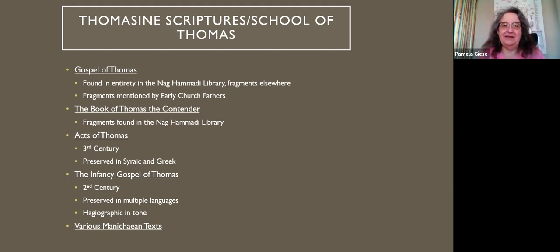The final one I added on here, and this is kind of what we know of what could have been the Gospel of Thomas, is through the Manichaean writings. And the Manichaeans were a Gnostic type group that began in the 3rd century in Persia and spread all the way west of the Roman Empire and all the way east into China.